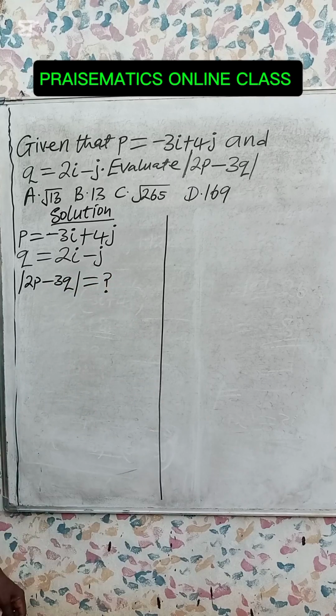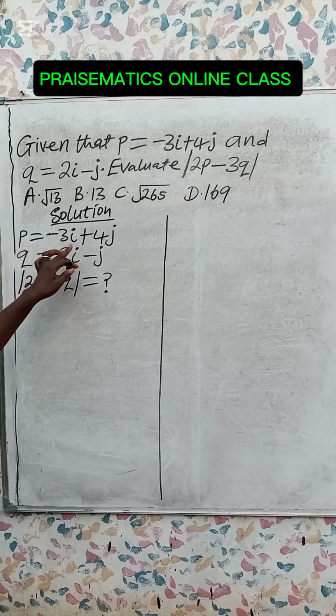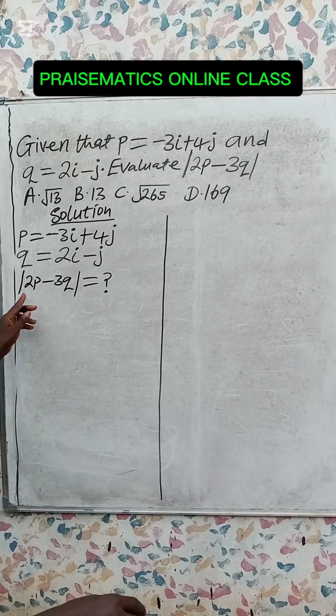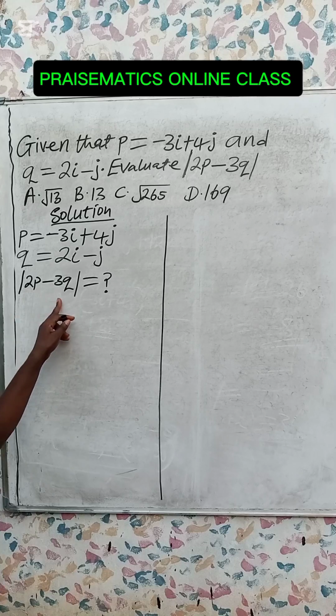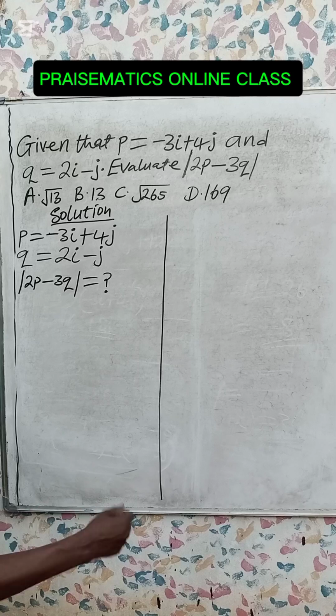P is given, Q is also given, but the magnitude of 2P minus 3Q is not given. So let's look for it.